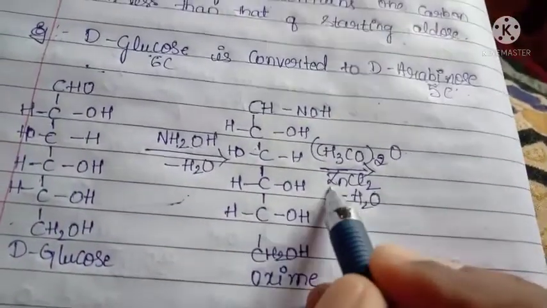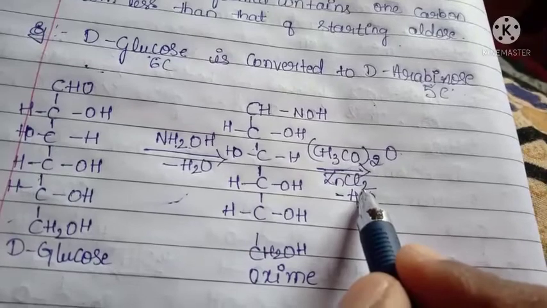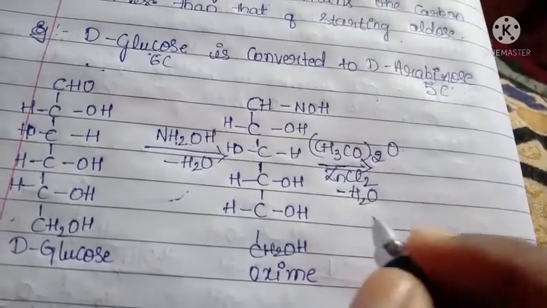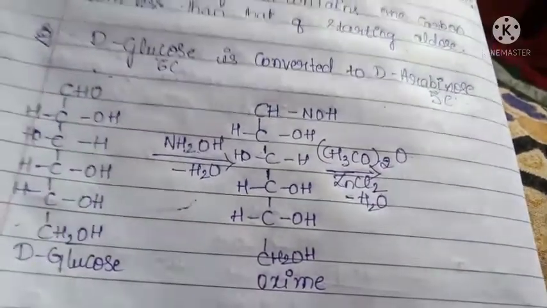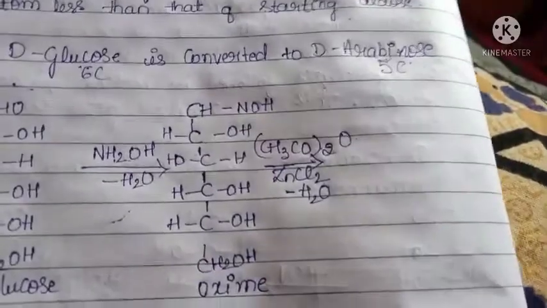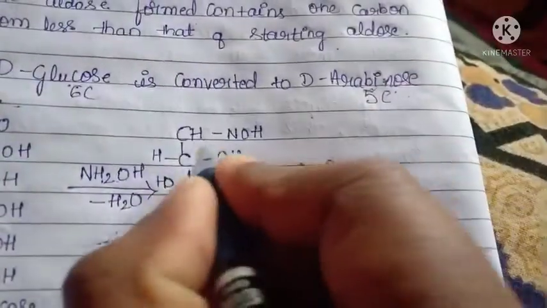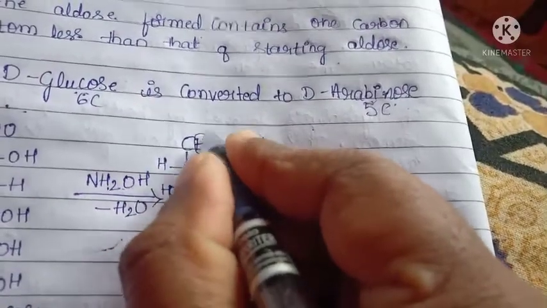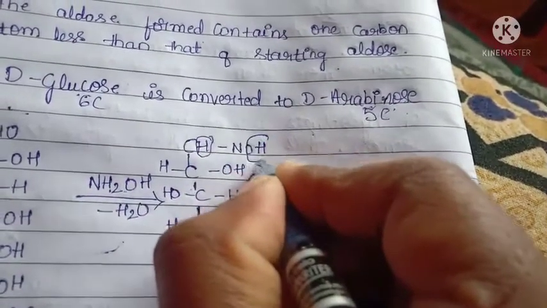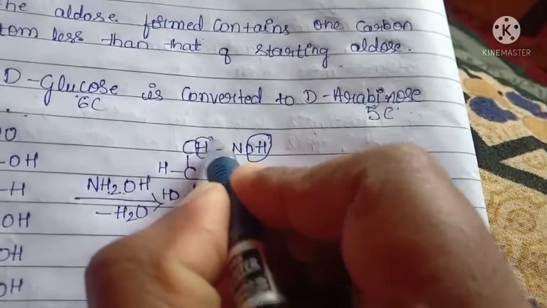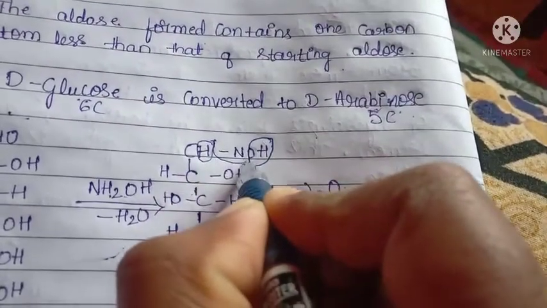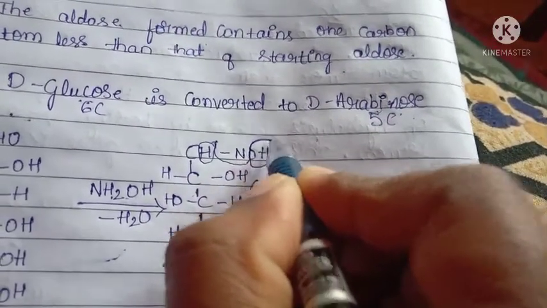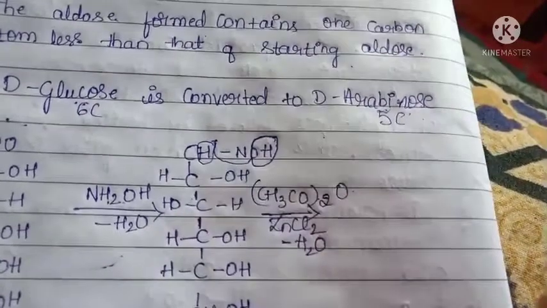And here it reacts in the presence of zinc chloride, and also here there is removal of a water molecule. The water molecule is removed from this hydrogen atom and this OH. Okay, this will be the removal of a water molecule.